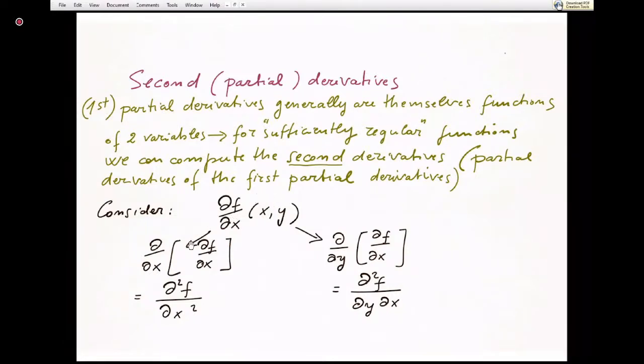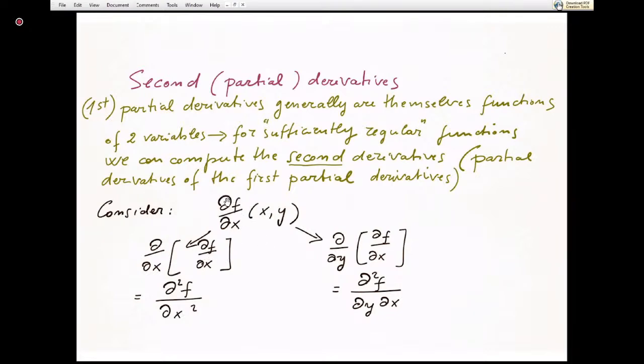So in the second step, I will have two partial derivatives of the partial derivative with respect to x. For each first partial derivative, I will have n additional partial derivatives at the second level. In this case, 2.